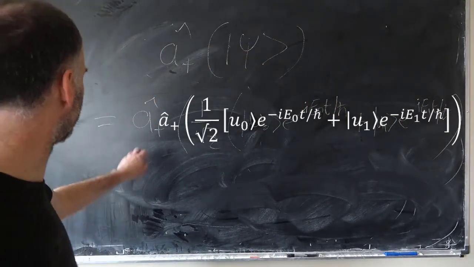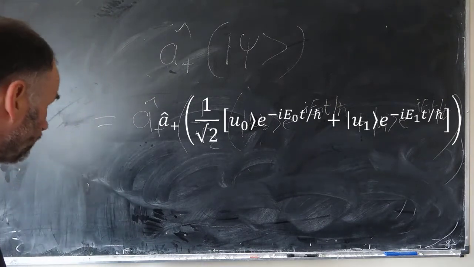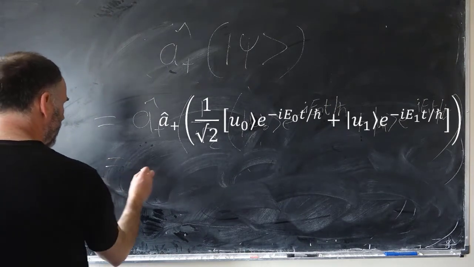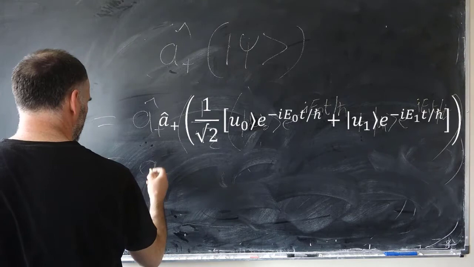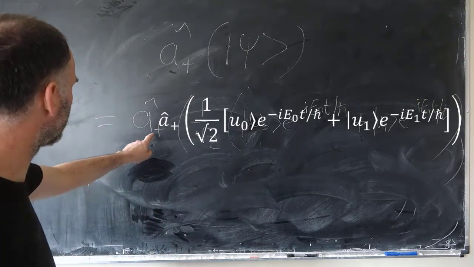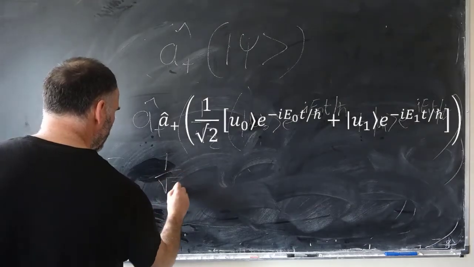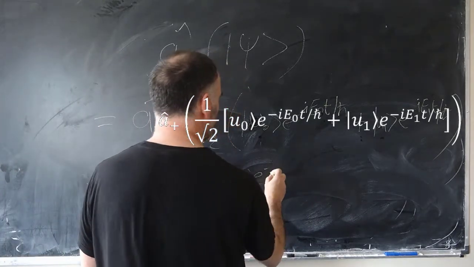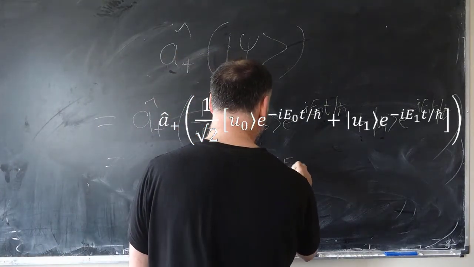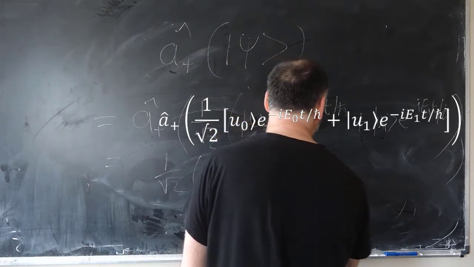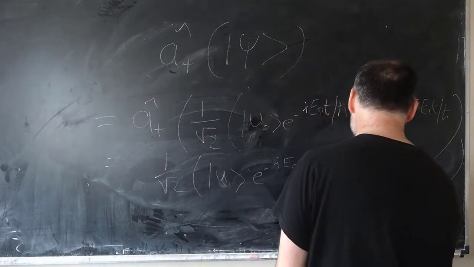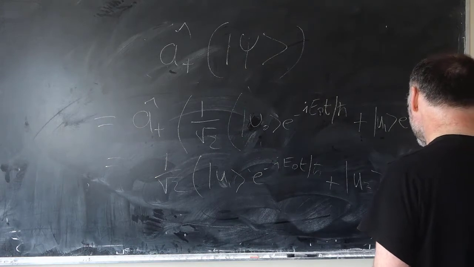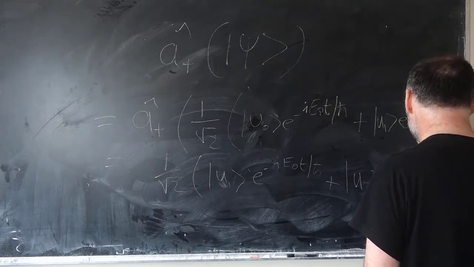Same thing again, but this time we're applying the raising operator. If we apply the raising operator to this, 1 over root 2 u1 e to the minus i e0 t over h bar plus u2 e to the minus i e2 t over h bar.